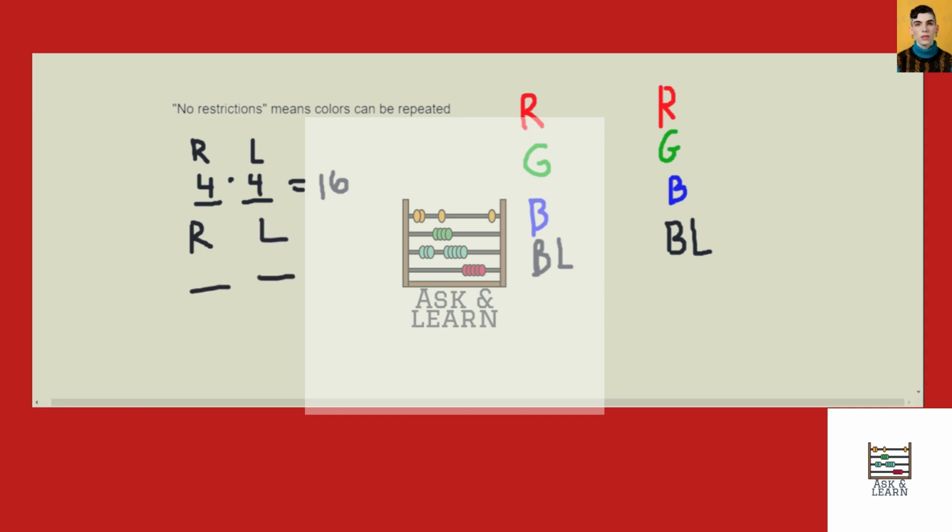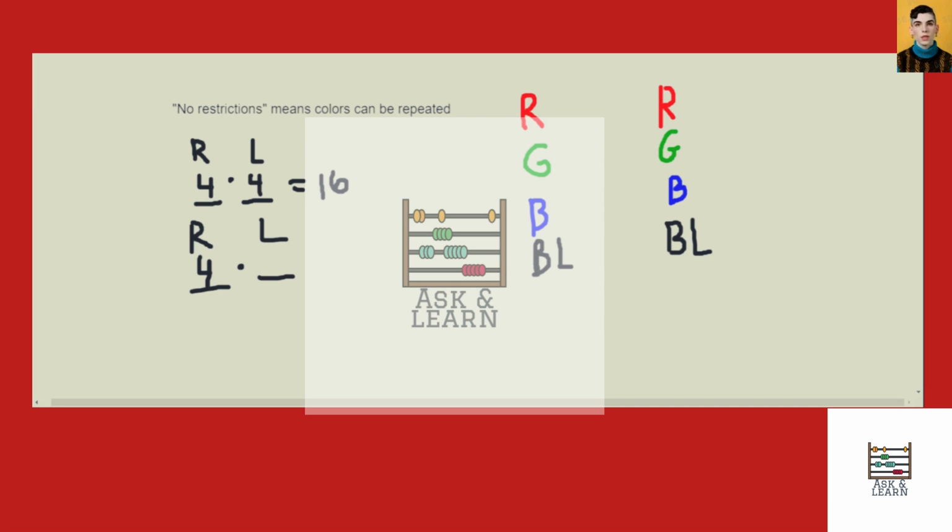So again, we have the product rule: a right shoe, a left shoe. All right, so again, how many choices for the right shoe? Still got 4: red, green, blue, and black. Now, once he picks a color for the first shoe, for the right shoe, then he only has 3 choices for the left shoe.